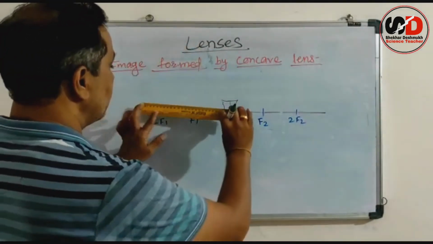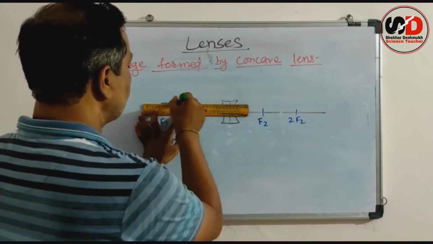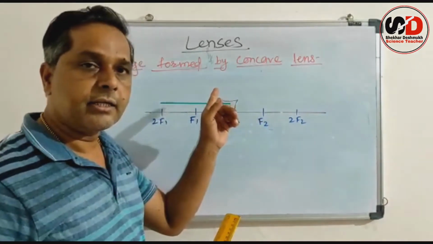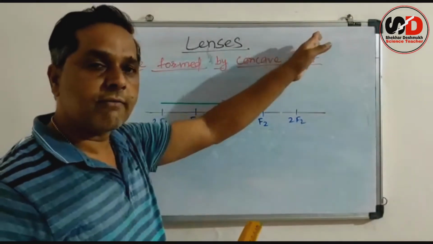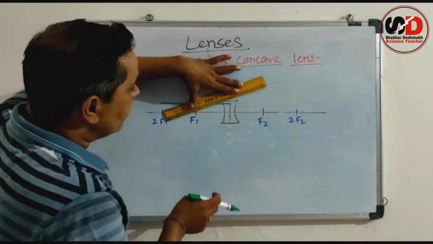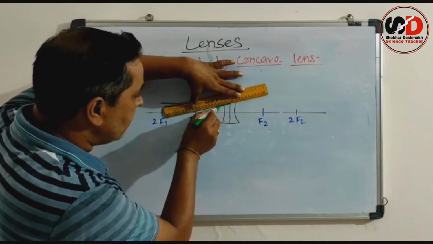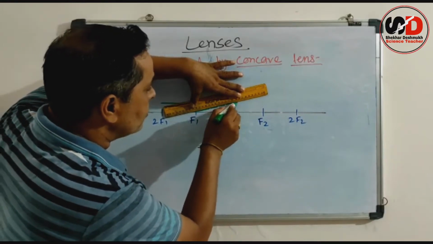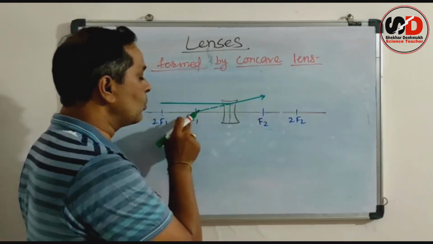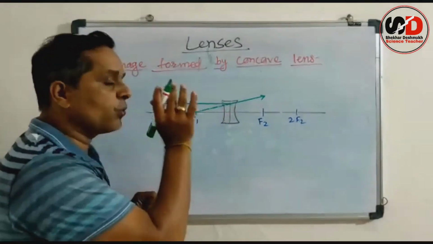First, a light ray which travels parallel to the principal axis, after refraction from the lens, goes away. But if we see the direction of the refraction and extend it towards the backward direction, then it appears to come from the first focus F1.